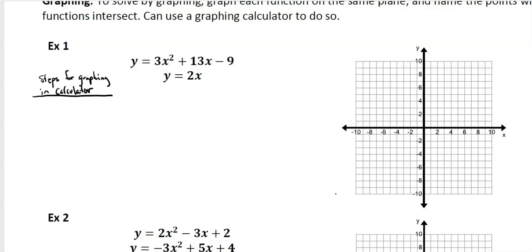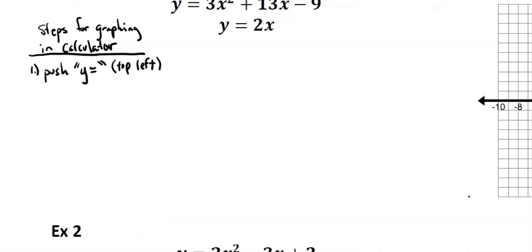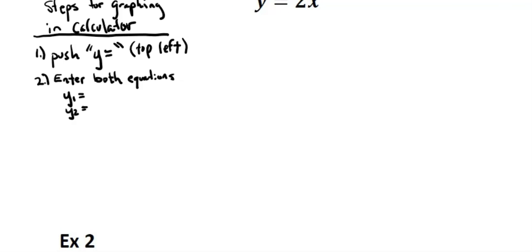Okay, so step 1, push the Y equals button in the top left. Step 2, enter both equations, one under Y1 equals and the other one under Y2 equals.